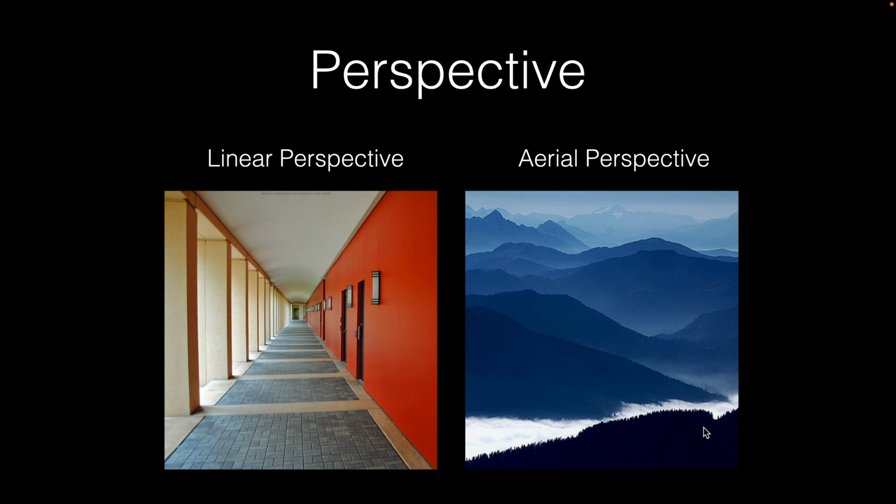We can move around and see how subjects relate differently to subjects behind them. In a photo, once we capture that frame, we've pinned it to 2 dimensions. And so we need to use things to show that we have depth and dimensionality in our photo.